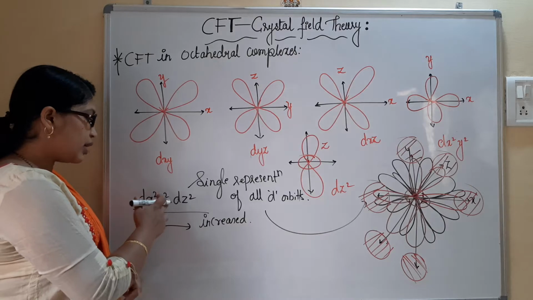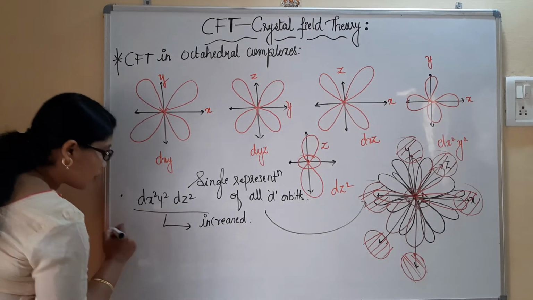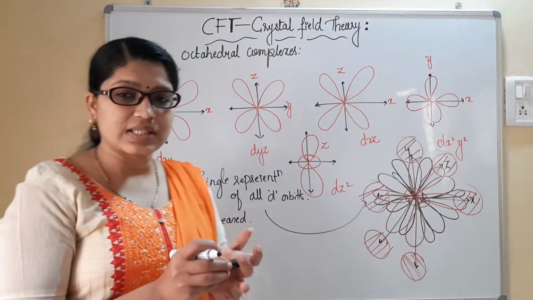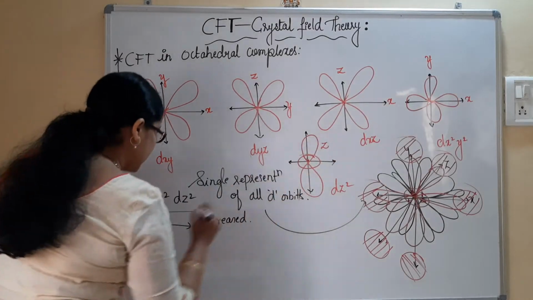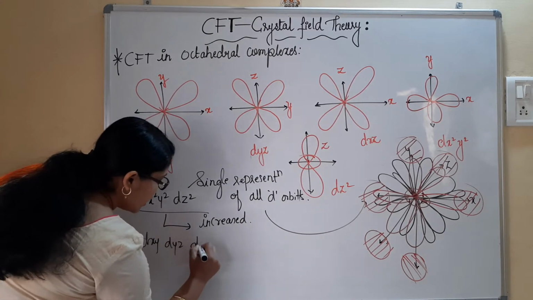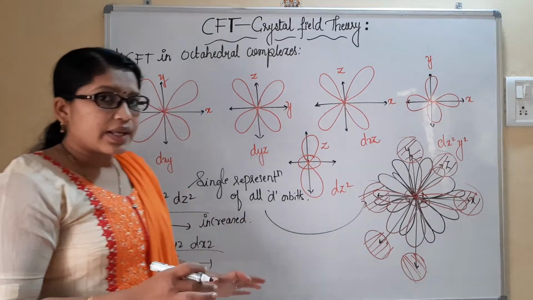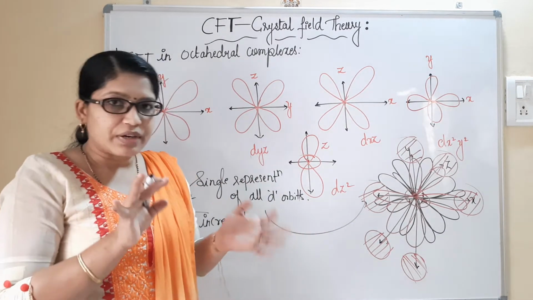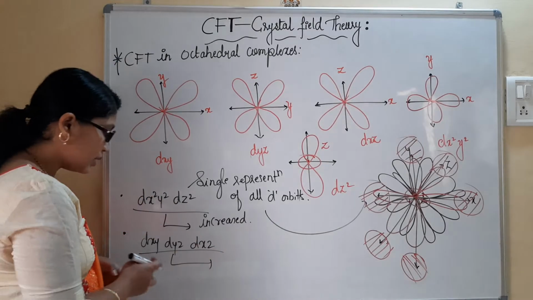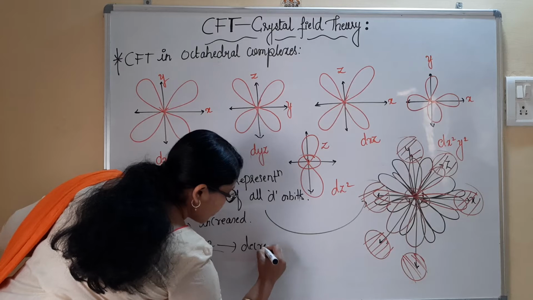What are the other orbitals which are present in between the axes? They are dxy, dyz, and dxz, which are not present along the axis. They are present in between the axes. Now what happens? Their energy is relatively decreased.